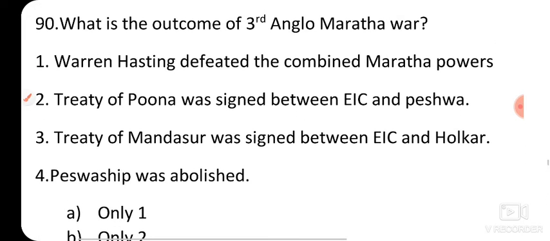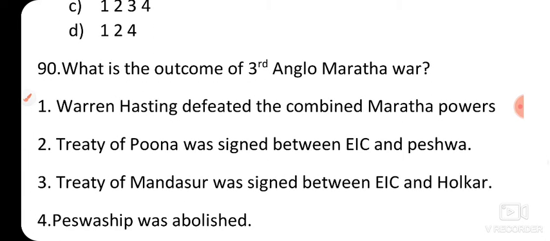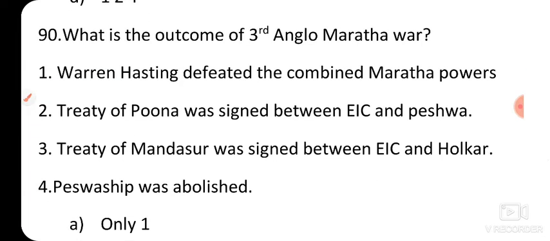Okay, so after the Second Anglo-Maratha War, Maratha power declined. Marathas were weak, but still they wanted to revive their power. They wanted to attack the British East India Company, but the time was not that favorable for the Marathas. Even if they attacked the British power combinedly, the British were so powerful during this time. In 1817, in the Third Anglo-Maratha War, the British defeated all this power combinedly.